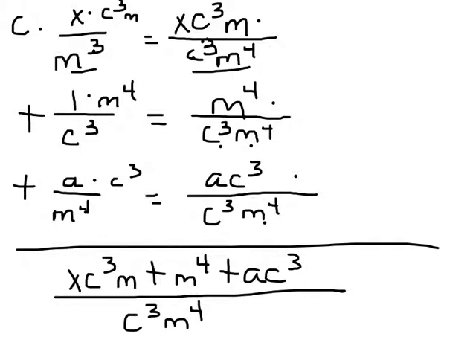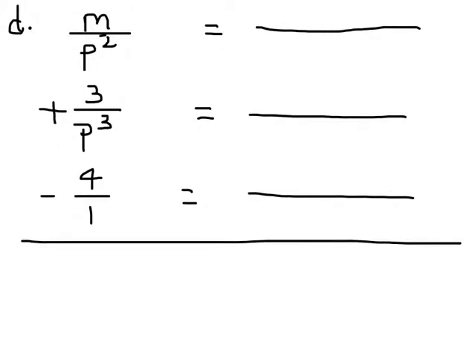All right, moving on. In this one, my common denominator, least common multiple, would be 1p cubed. Now, since 1 doesn't change the value of anything, I'm just going to leave it off. And I'm just going to put p cubed for every single one. All right, now you see this one already has p cubed, so it's not going to change at all. It's going to remain the same.